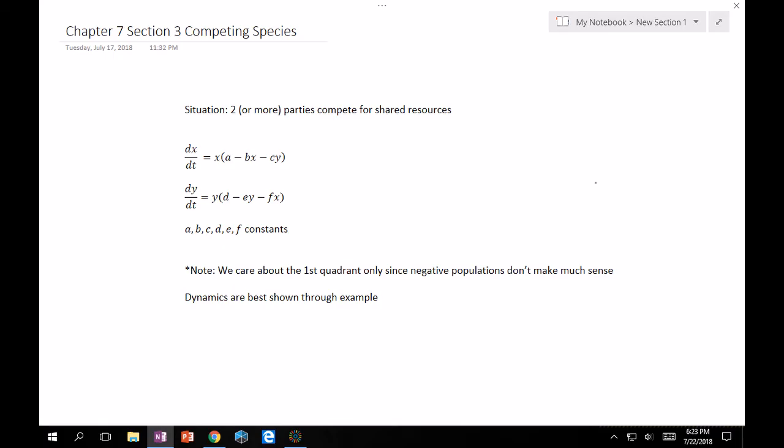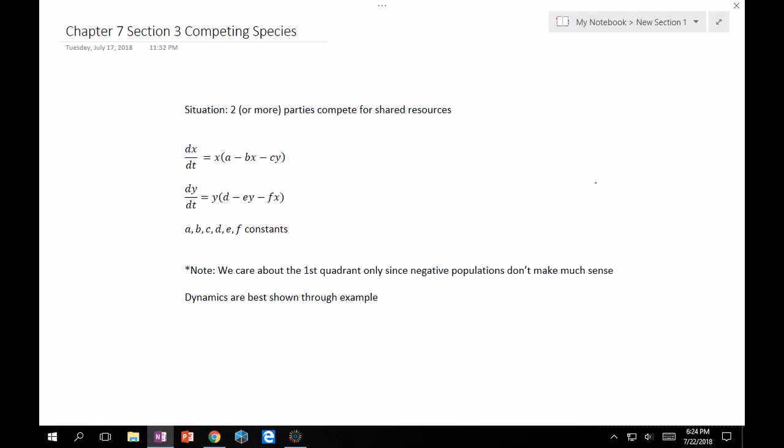So it could be that country A and country B are trying to compete for the same produce, or minerals, or people that they want to attract to their country, whatever it may be. It's just two competing for the same thing.